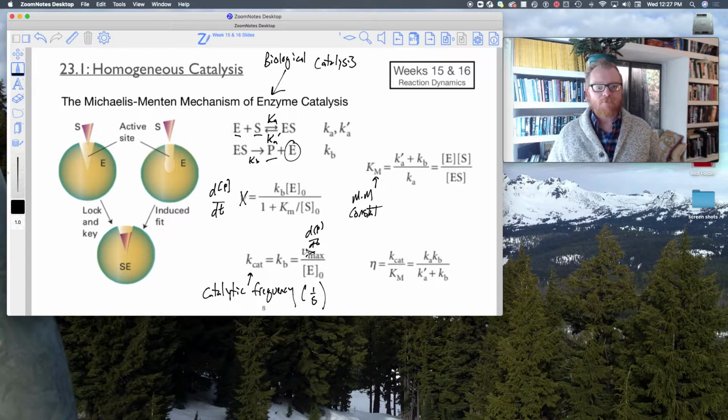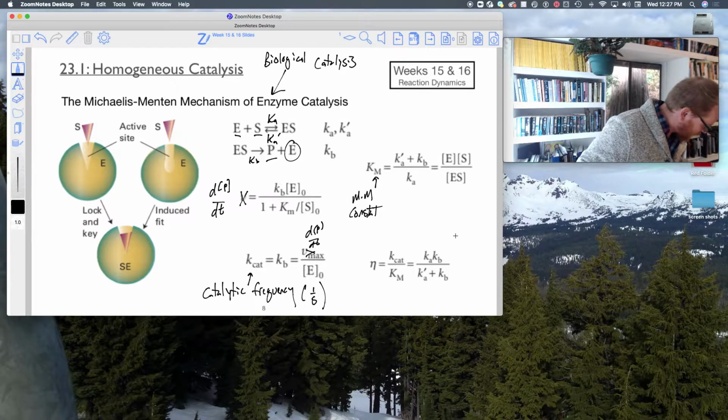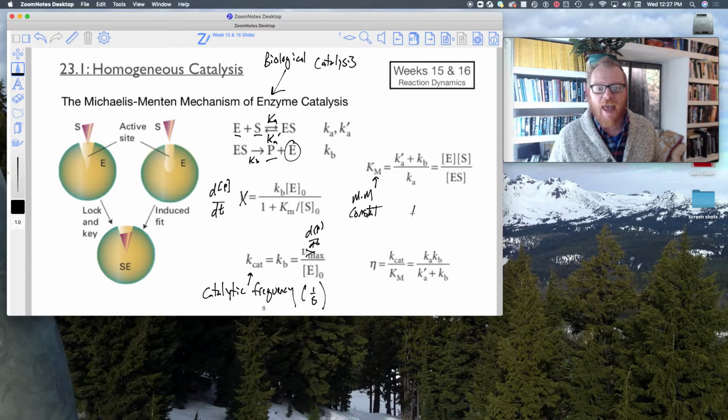It approaches a maximum when the following condition is present. Let's see, and make sure I get this correctly. Where did I go? I lost my page. Aha, yes. When Kb is much, much greater than Ka prime.